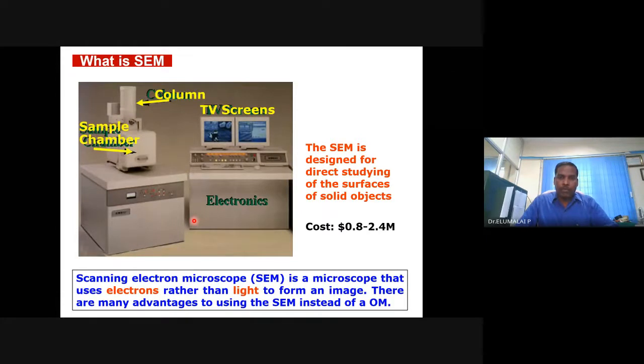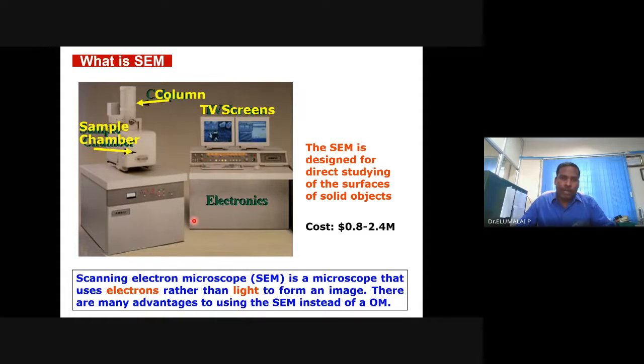It means it is possible to study the surfaces of any material, whether glass surface or steel surface or any surfaces for that matter. It costs about 2 crores, minimum 2-3 crores Indian rupees.